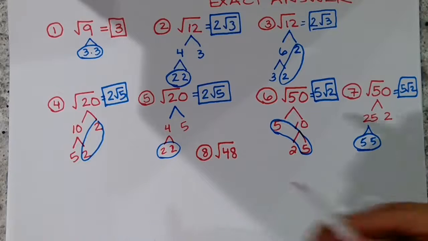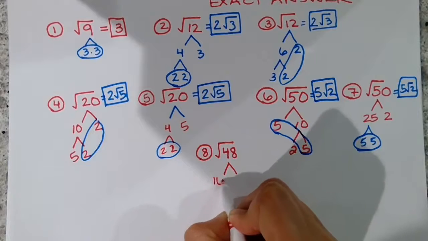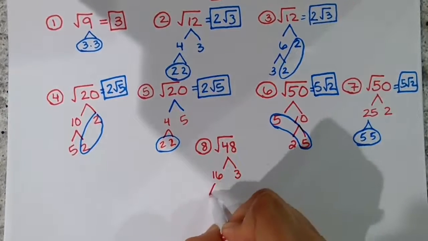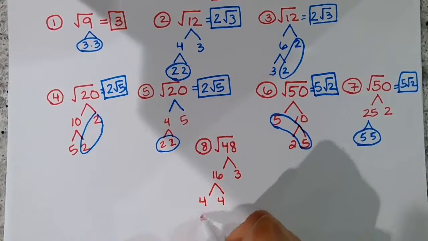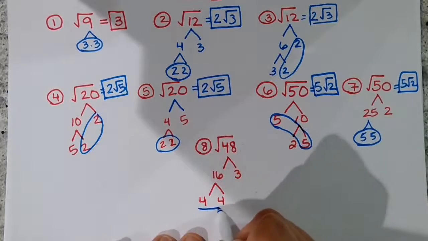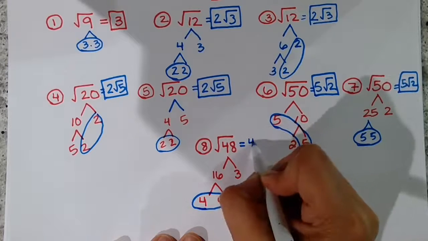So 48 is the same thing as 16 times 3. 16 breaks apart into 4 times 4. I can break these apart more, but as soon as I have something doubled, I can actually pull it out of the square root. So your answer is 4 root 3.